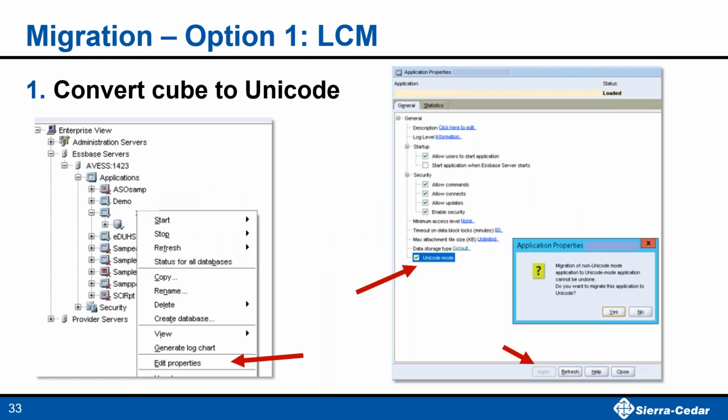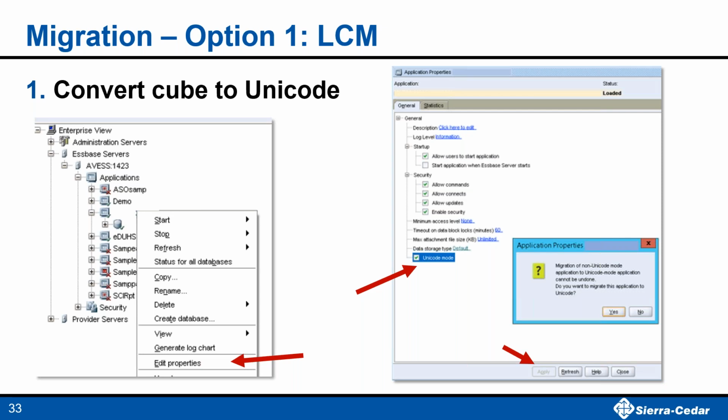I'm going to first start by talking about what we call the lifecycle management option. This particular option allows you to basically export your on-premise cubes and import them directly into the cloud. There are a couple of prerequisites.